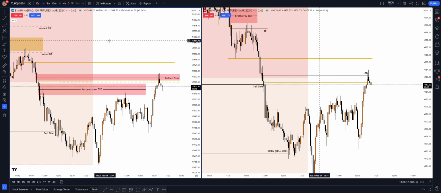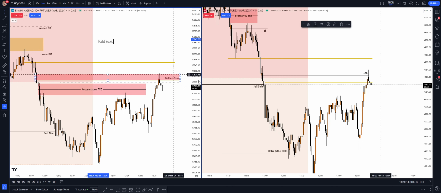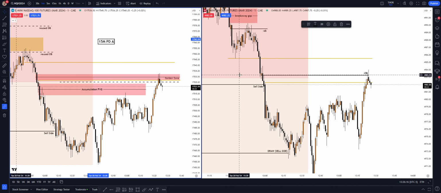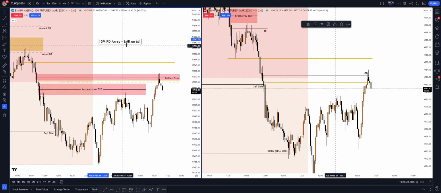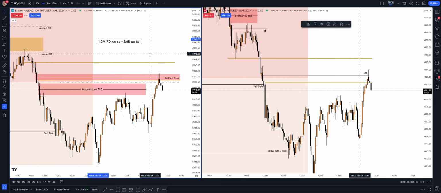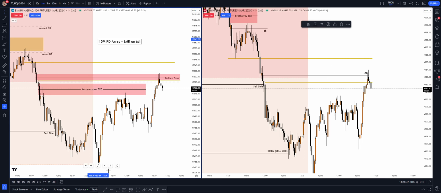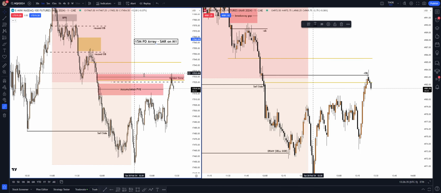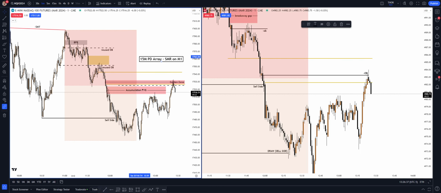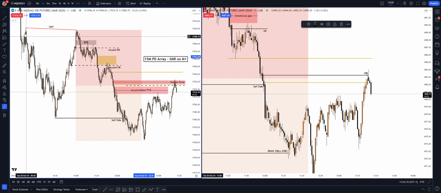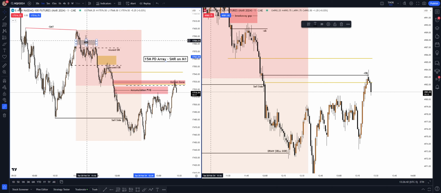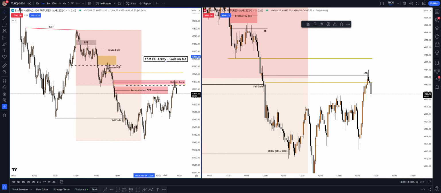The general rule of thumb is basically, you have a 15-minute PD array. What you'll need to see is smart money reversal at that 15-minute PD array on the 1-minute chart. So I want to see smart money reversal with SMT divergence at that 15-minute PD array, which we had during lunch hour here, right? 15-minute PD array, a fair value gap. We got that SMT, that's our smart money reversal. So it initiated the market maker sell model on the 1 minute.